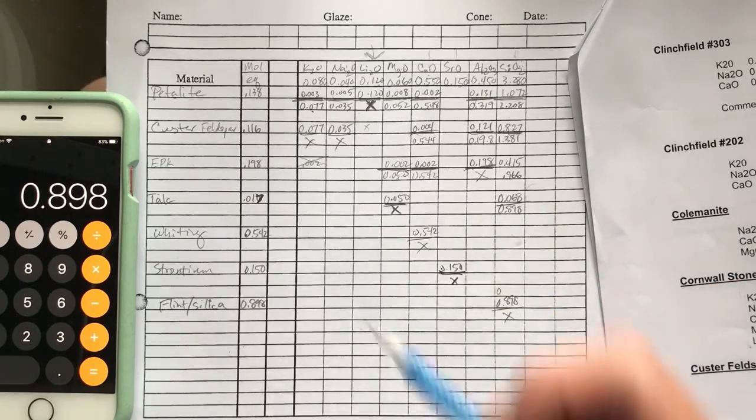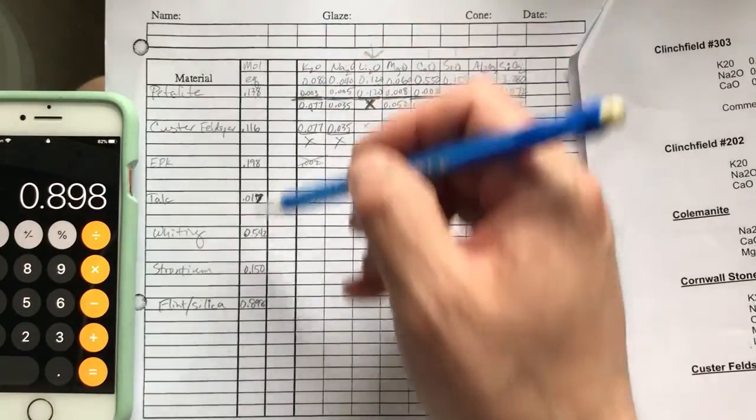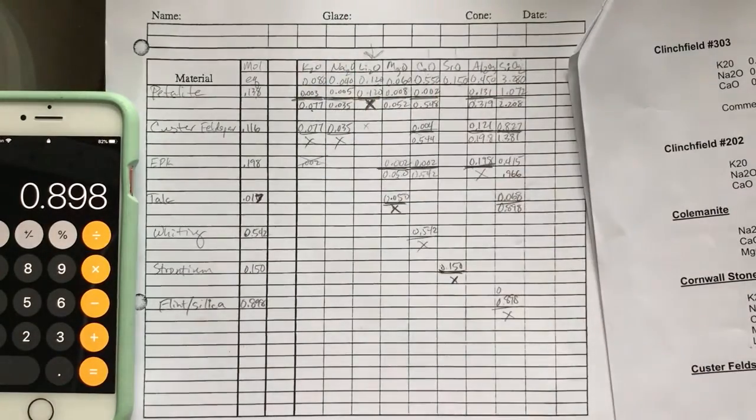Okay, so now we have all of the molecular equivalents of all the materials that we need.